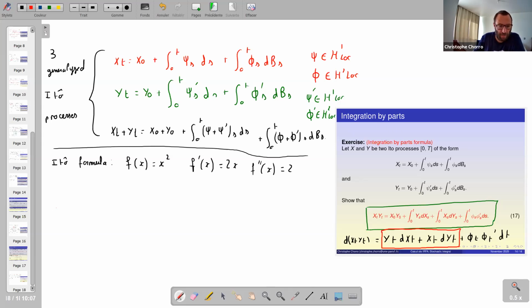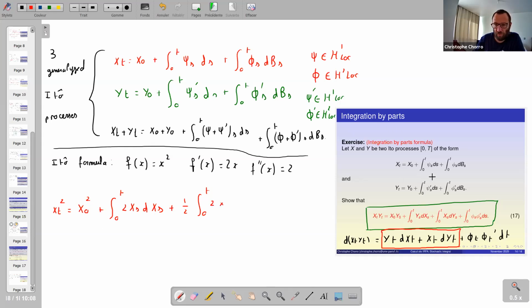For the first, I obtain that x_t square is equal to x_0 square plus the integral between 0 and t of f prime, that is 2 x_s d x_s, plus 1/2 the integral between 0 and t of f second, that is equal just to 2 here, multiplied by what?